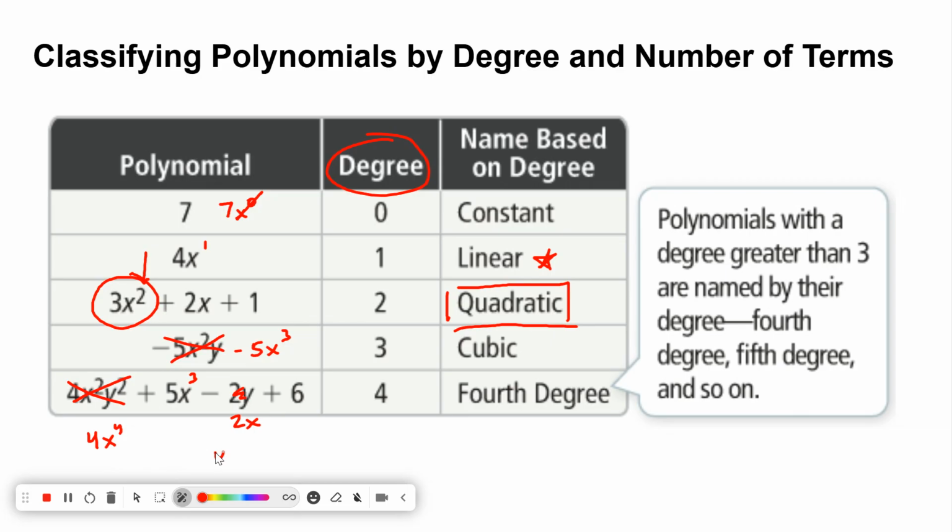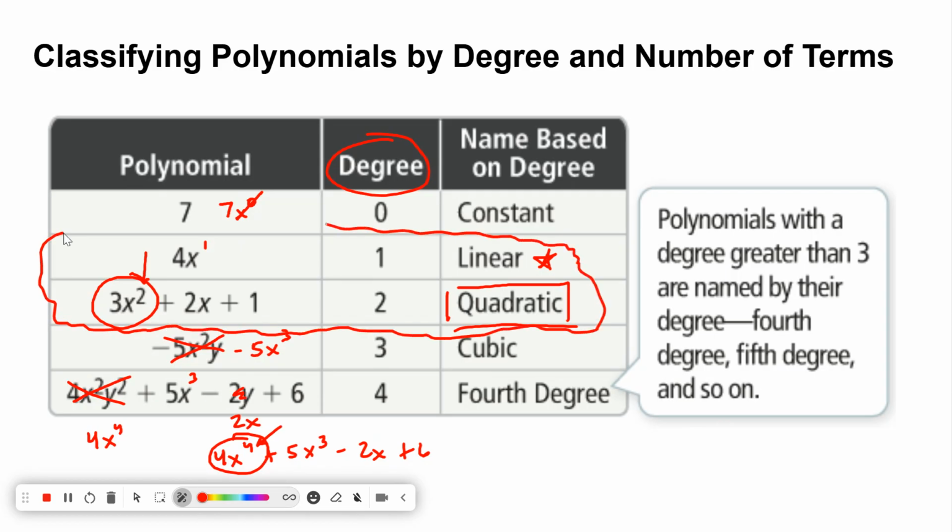I'll write it down right here in case you're confused. So this would be a fourth degree because this term has the highest exponent of a 4. And once we get past 3, we just call it by their name: fourth degree, fifth degree, sixth degree, all that. But again, you're going to be most concerned with these two right here, a linear degree and a quadratic degree.